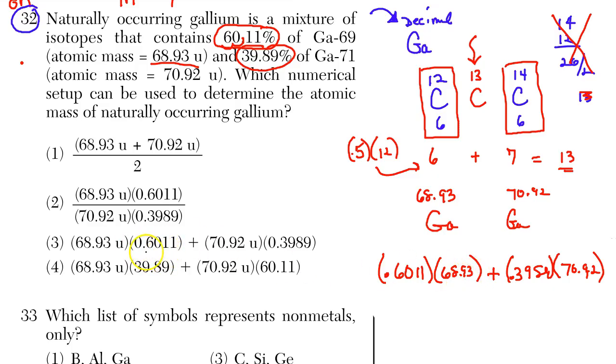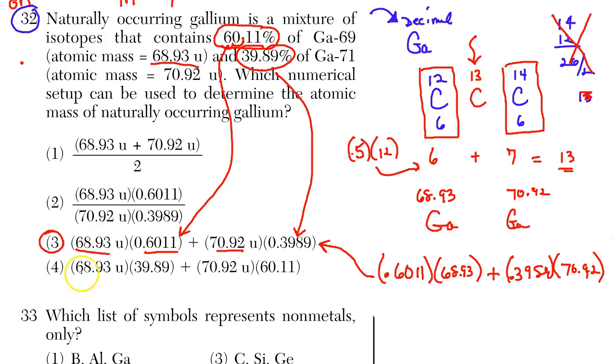So take the atomic, well, this is the percentage, right? This is the percentage, times it by the atomic mass, and then take this percentage, and notice it changes when I move the decimal places 2 places over, and I times it by its atomic mass, and so that's why choice 3 is the correct setup.